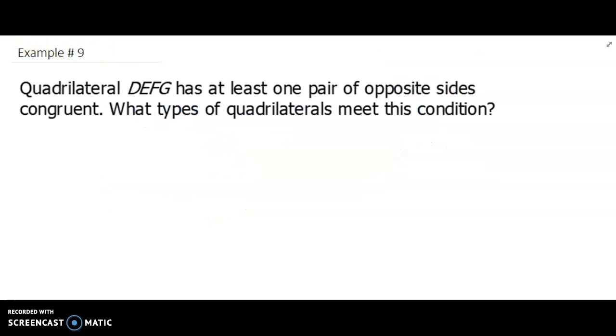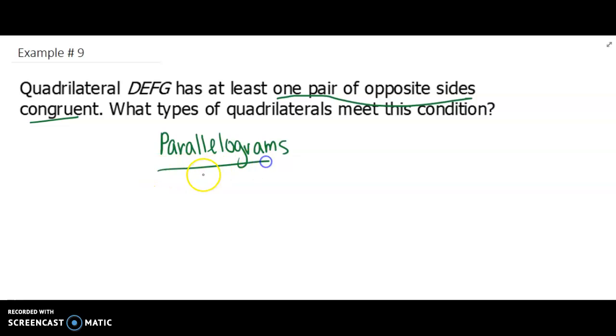All right, so example 9 tells us that quadrilateral DEFG has at least one pair of opposite sides that are congruent. What type of quadrilaterals meet this condition? Okay, well, we know that all parallelograms do, because both pairs of their opposite sides are congruent. So on a parallelogram, that is a rhombus, that is a rectangle, and it is a square.